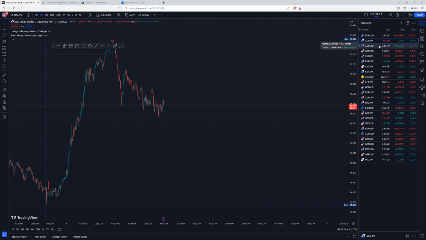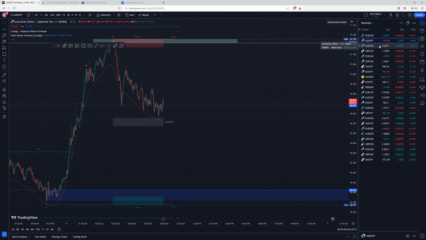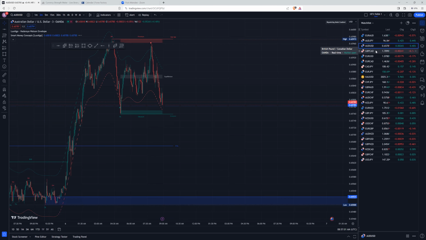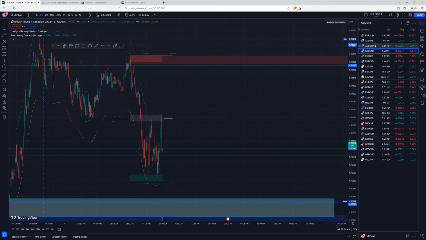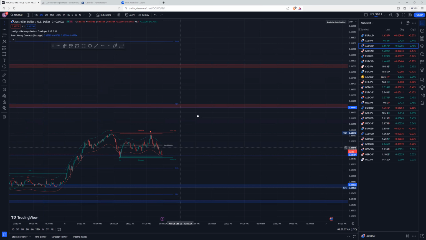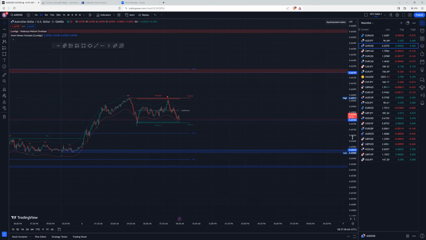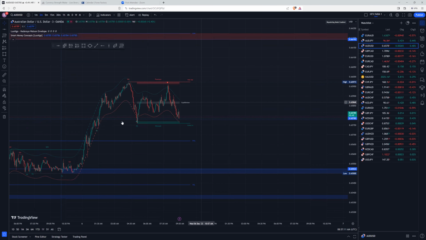Let me see if we have other closer one. This is a swing, but it already made its job already. So this is not valid anymore, but this was a swing.